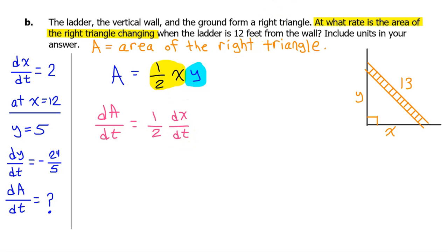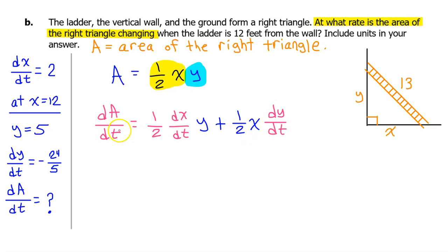The first time through, we leave the second factor unchanged. And then we put a plus and we go through it again. The second time through, we leave the yellow factor, the first factor, unchanged. So 1/2 x. And the second time through, we take the derivative of the second factor, which in this case will be dy dt. So this is an expression for dA dt.